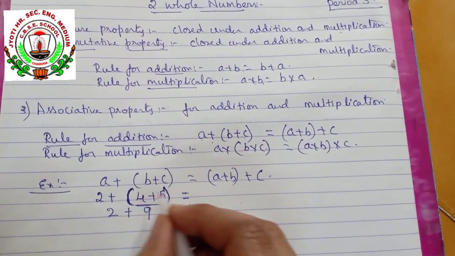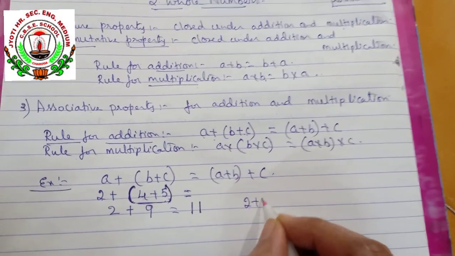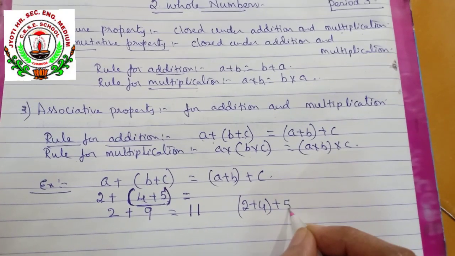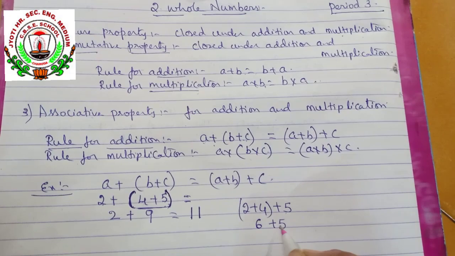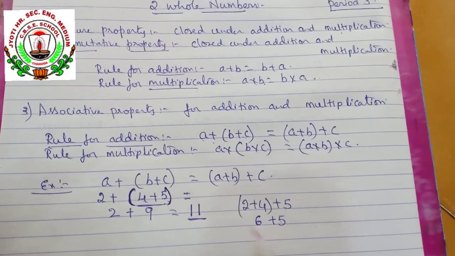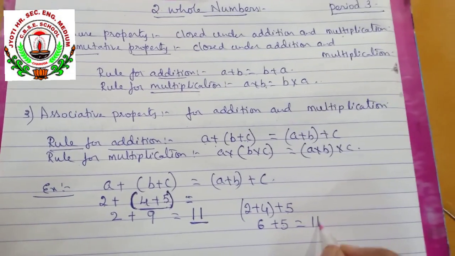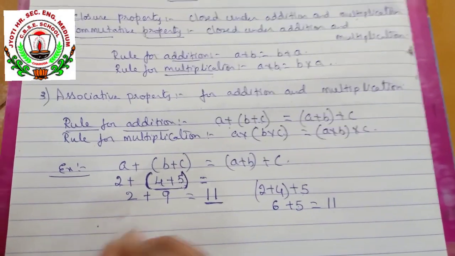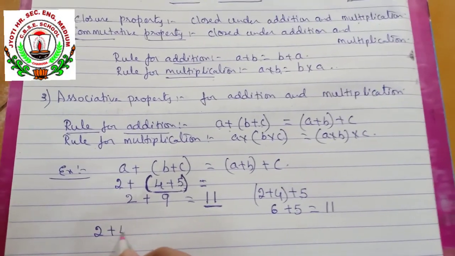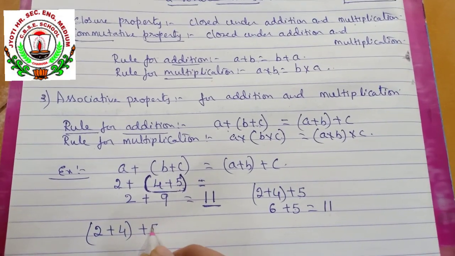Like I am going to change this as 2 plus 4 plus 5. 2 plus 4 is 6. 6 plus 5 is also 11. I can interchange the numbers. I am writing the same example, 2 plus 4 plus 5.